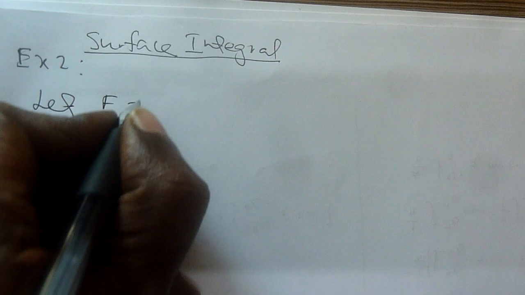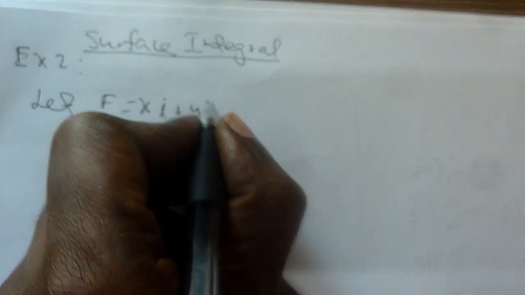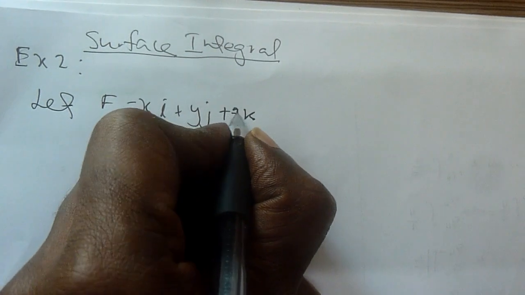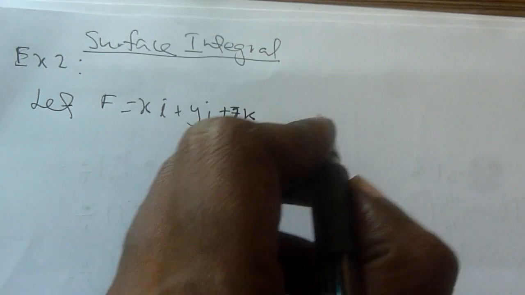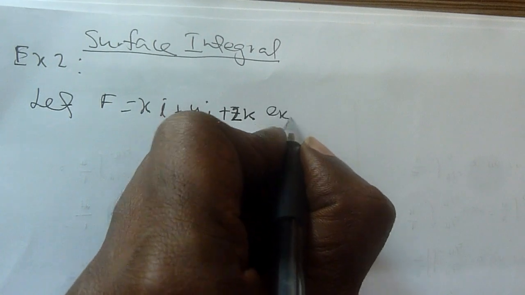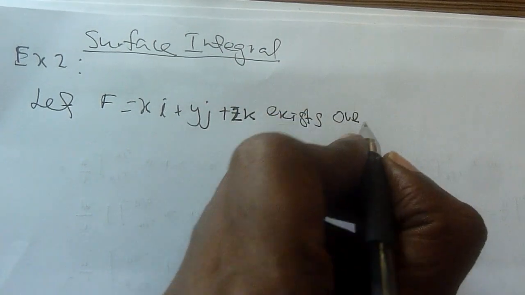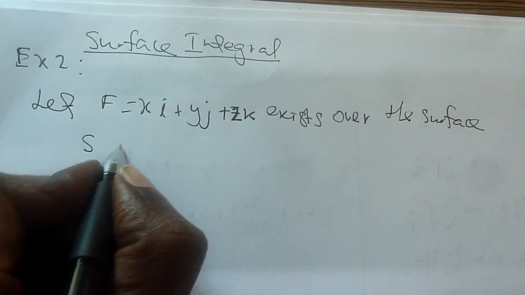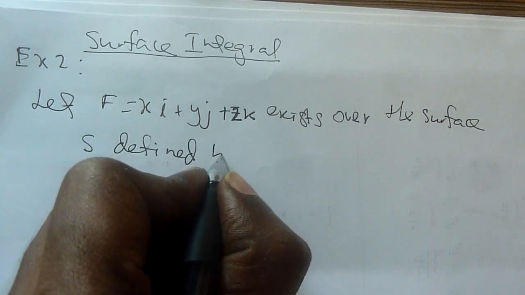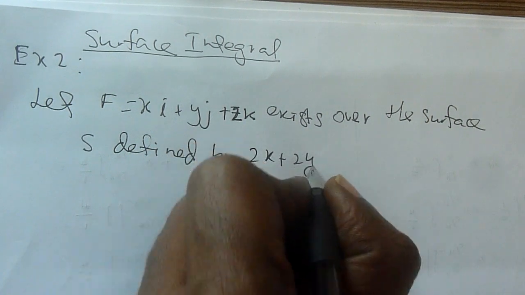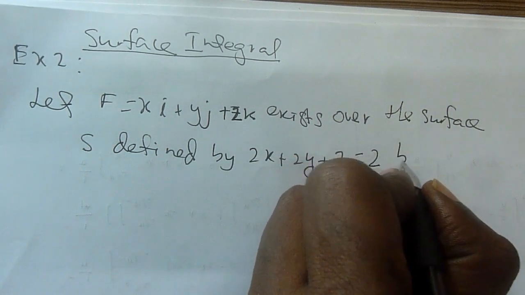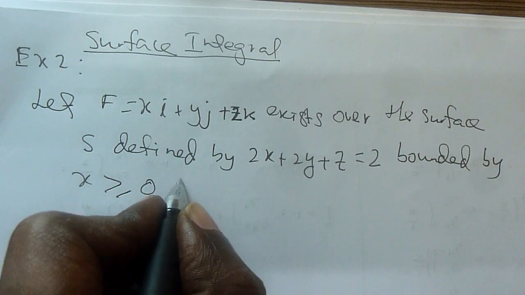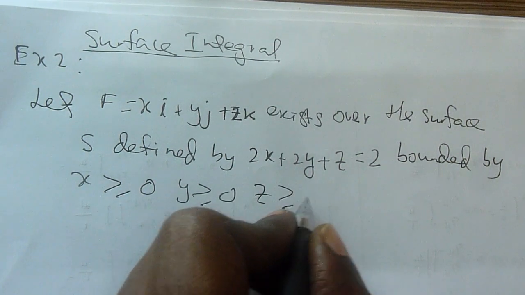Let F be xi plus yj plus zk, and exist over the surface S defined by 2x plus 2y plus z equals 2, bounded by x greater than 0, y greater than 0, z greater than 0.